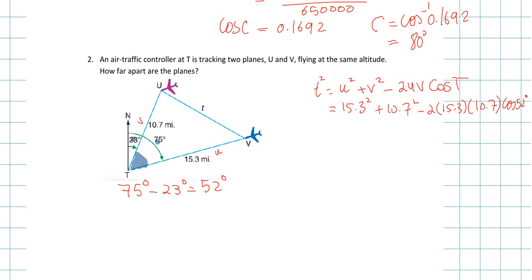Another thing I want you to do when entering this in the calculator: either enter it all in together, or find the answer for this, then put plus the answer for this, then minus the answer for this. I'd really rather you enter it all together, just in case cos 52 or cos whatever gives you a negative, so you don't make a mess like some of you did on the exam.